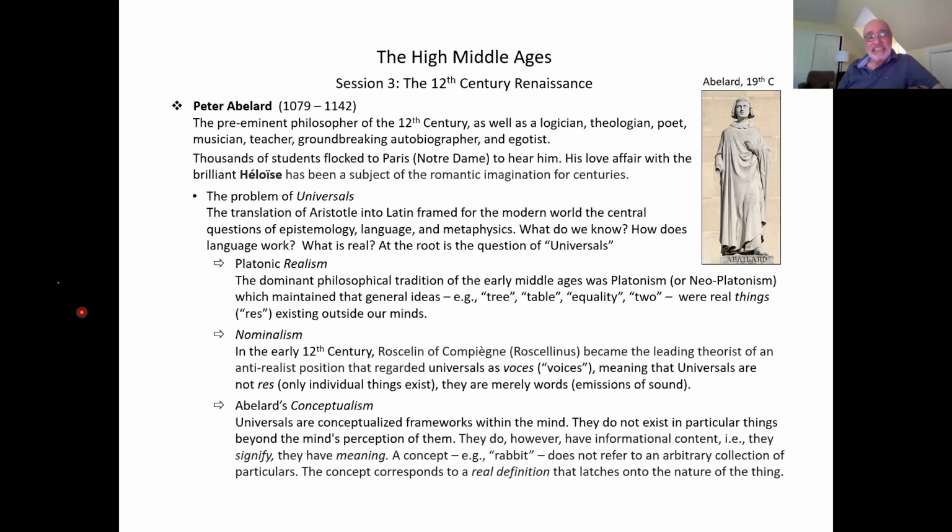Abelard comes along and wants to refine Roscelinus's conception, and he wants to argue against Platonic realism. In fact, in a very famous statement of his that in Latin goes, rem de re praedicare monstrum, which means it is monstrous to predicate a thing of a thing.